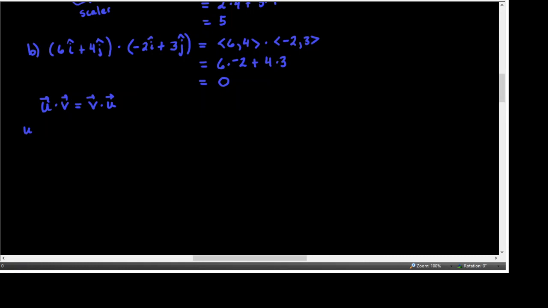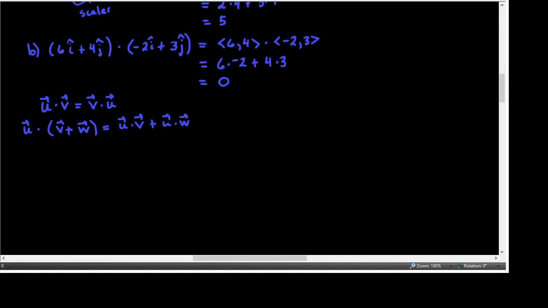The dot product is distributive over the addition of vectors. In other words, u dot the sum of vector v plus vector w, is vector u dot vector v plus vector u dot vector w.